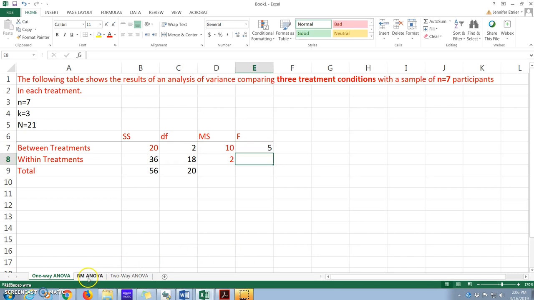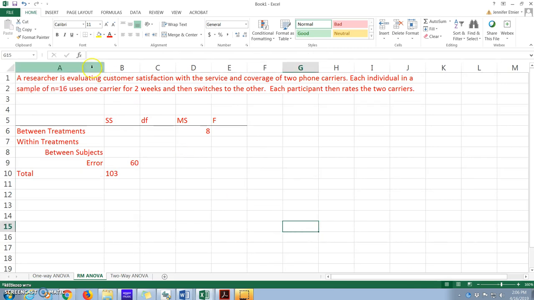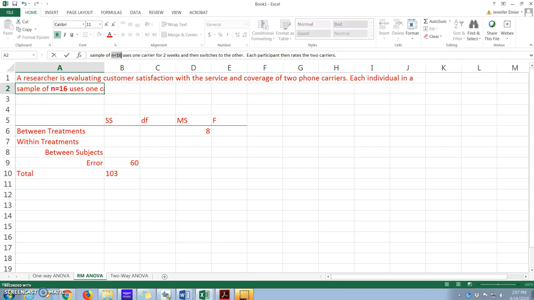Let's now switch over and look at repeated measures ANOVA. Okay, so the same thing. We're going to read the question here and glean a lot of information from that. So it says a researcher is evaluating customer satisfaction with the service and coverage of 2 phone carriers. Each individual in a sample of n equals 16, so there's one piece of important information, uses one carrier for 2 weeks, and then switches to the other.